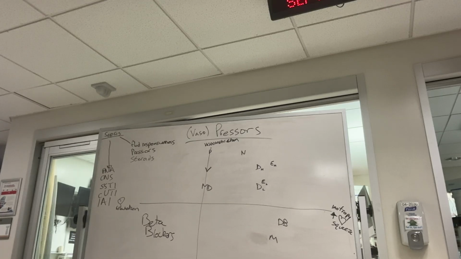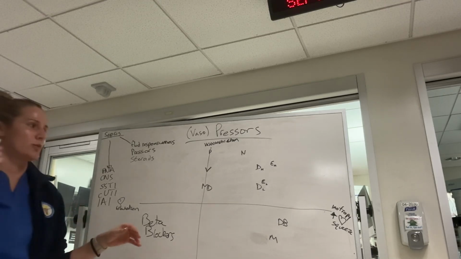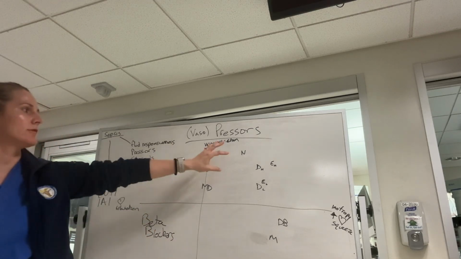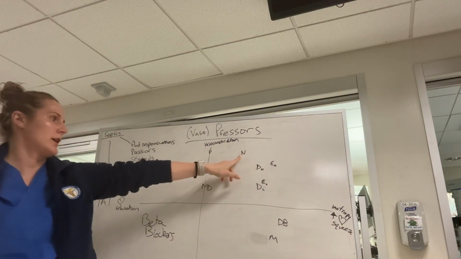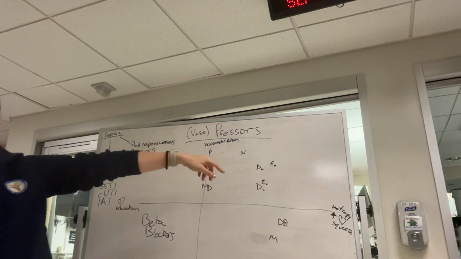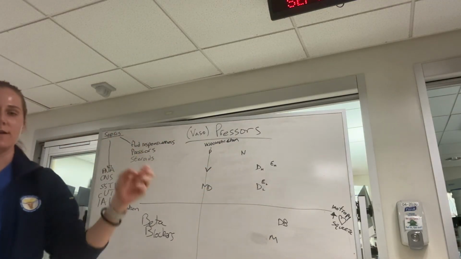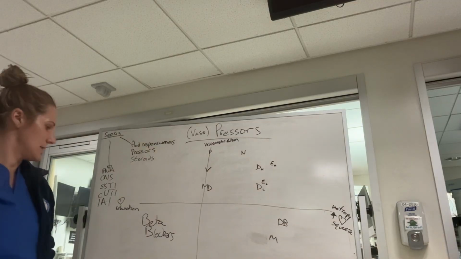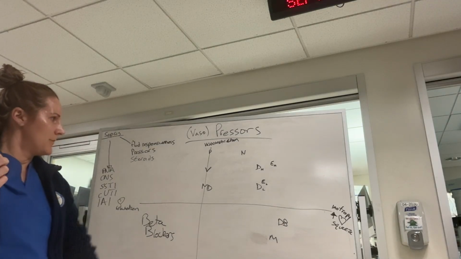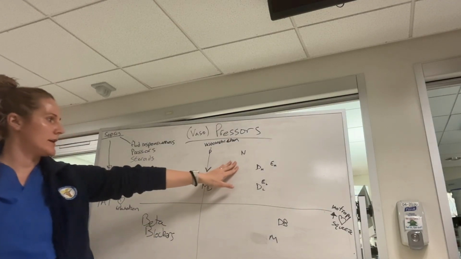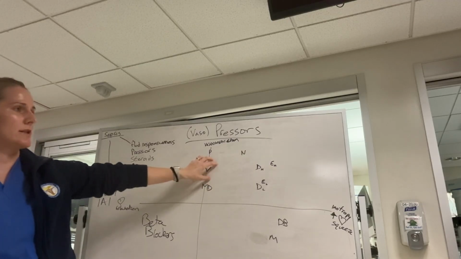And then as you get more information, you may transition. For example, our patient on Monday, we started norepinephrine, but after looking at her ultrasound and seeing how she was responding, we transitioned her to an epi drip because I think she needed more inotropic assistance.